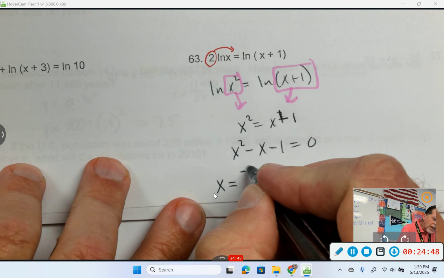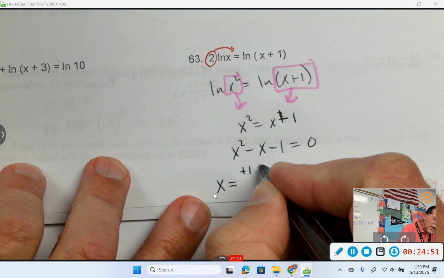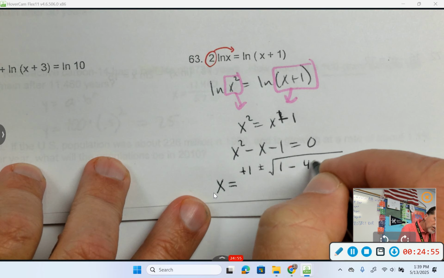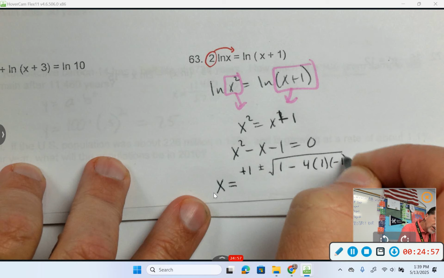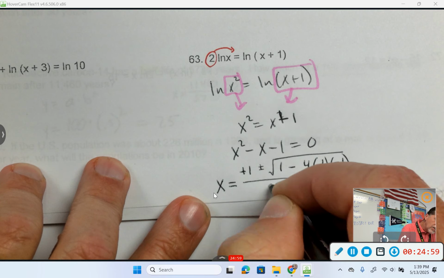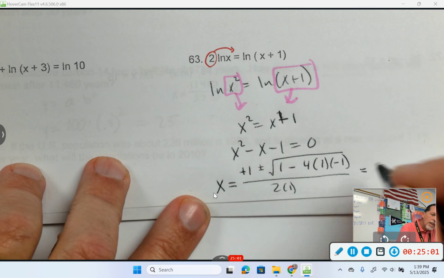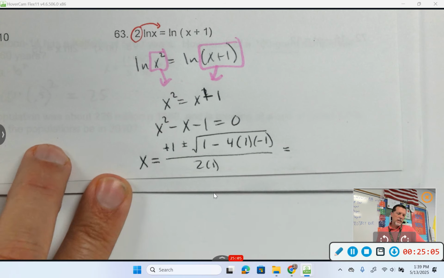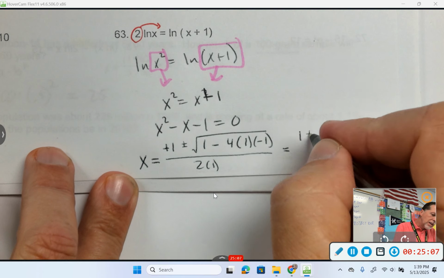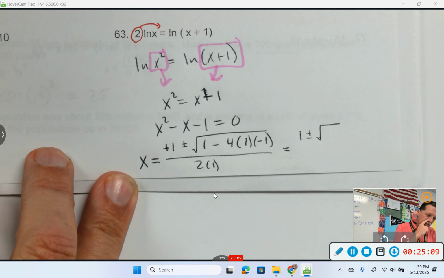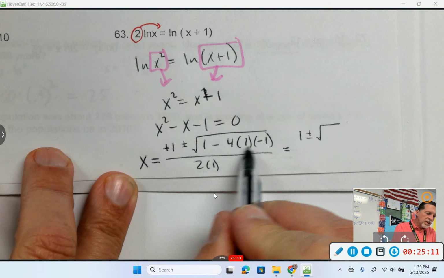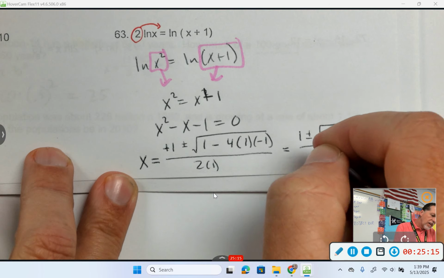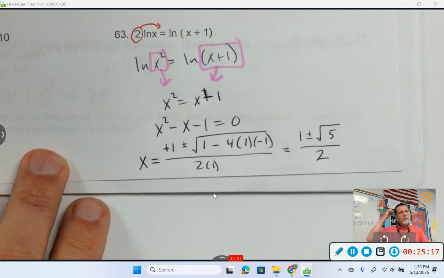x equals negative b plus or minus the square root of b squared minus 4ac, all over 2a. 1 plus or minus square root of 1 plus 4 is 5, all over 2.